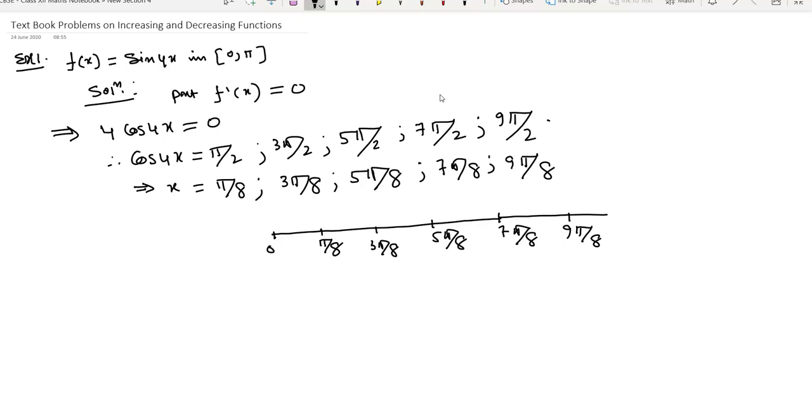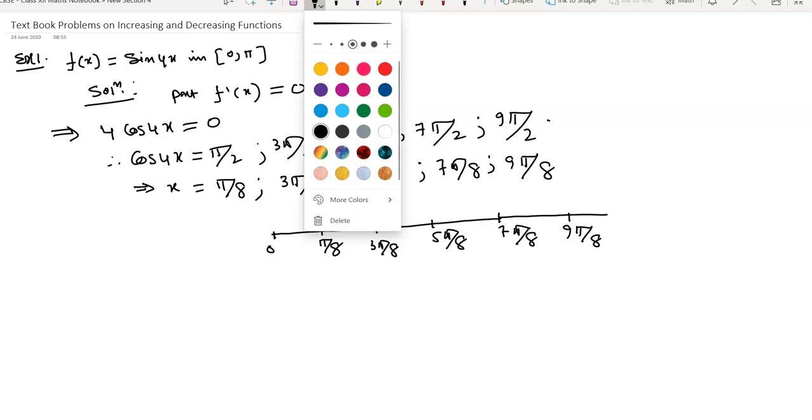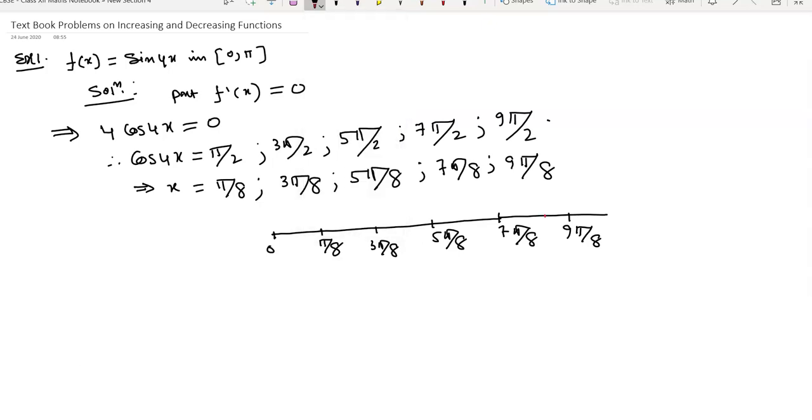But you won't consider 9 pi by 8 point. We will restrict our interval up to the point pi. That is obviously a point lying in between 7 pi by 8 and 9 pi by 8.